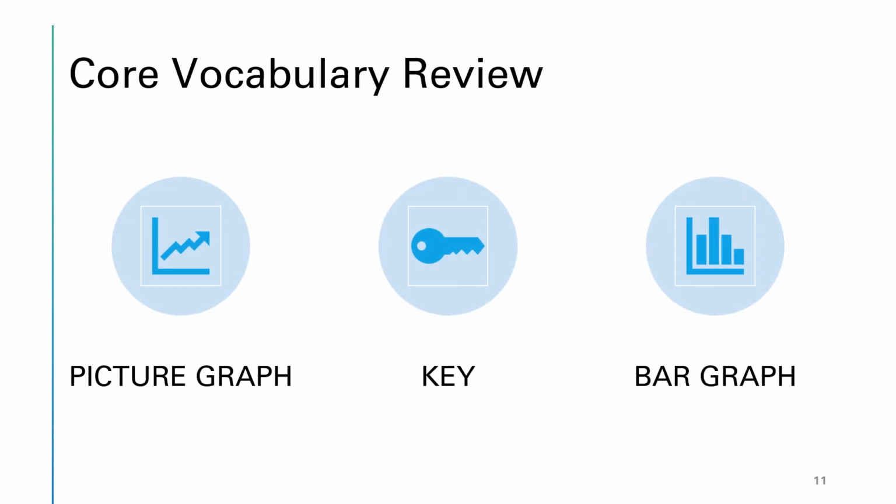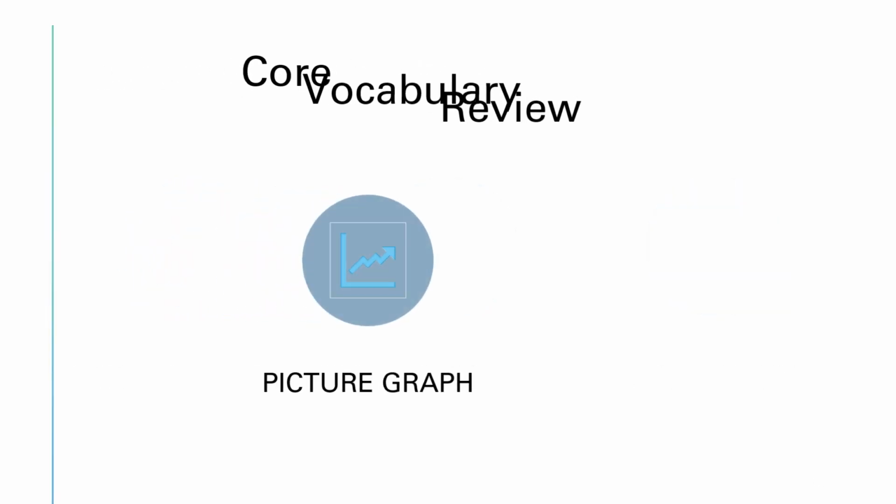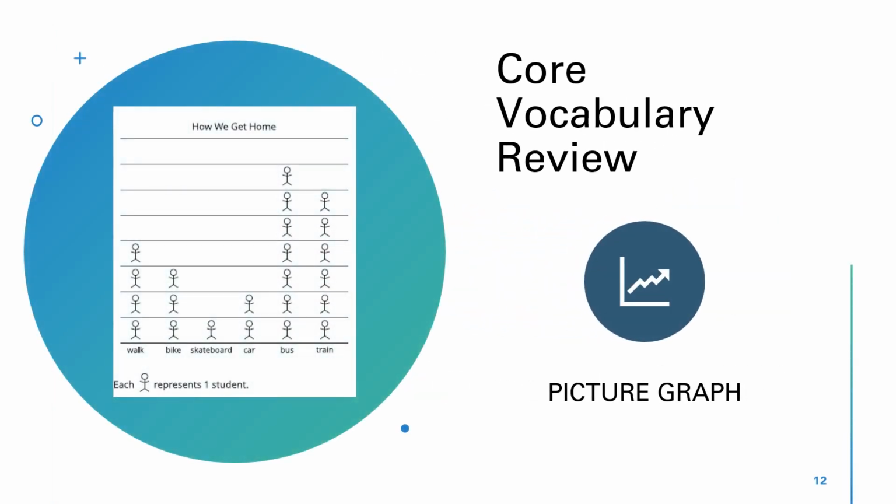Let's review the core vocabulary we have learned this lesson. A picture graph is a way to show how many in each group or category using pictures of objects or symbols. In this graph, each stick figure represents 1 student.